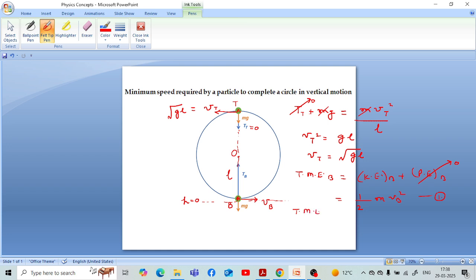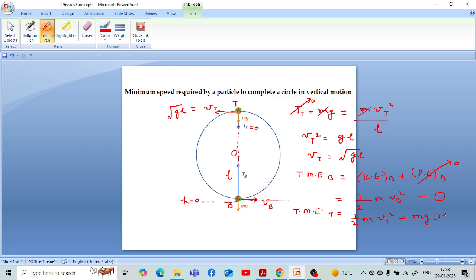Similarly, the total mechanical energy at point T, the topmost point, is equal to the kinetic energy at point T, which is half m vt square, plus the potential energy at point T. Potential energy is given by mg into the height. The height of the topmost point with respect to the bottommost point is 2L.